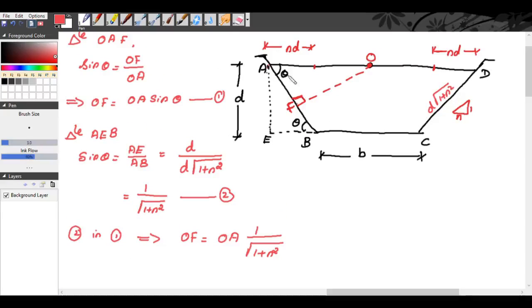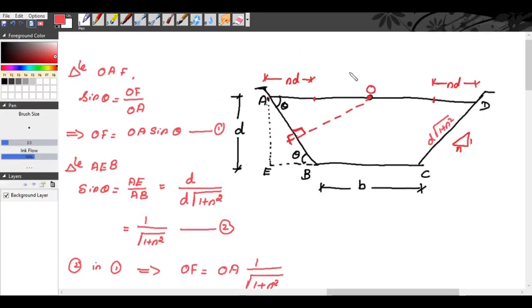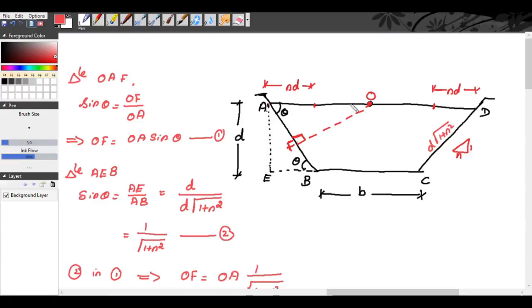OA is half of the top width. This is B, right? So OA is equal to B by 2 plus ND, or we can write this as B plus 2ND.